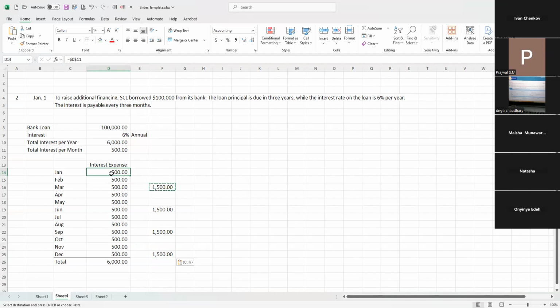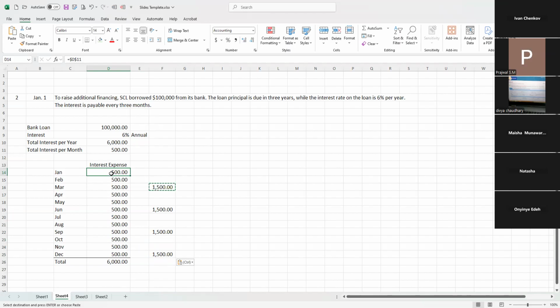Now the question is, since we're not paying at the end of January, do we owe the bank money? We still have to show it as an expense for the month. Let's think about it. Did we use the bank's money for 1 month?